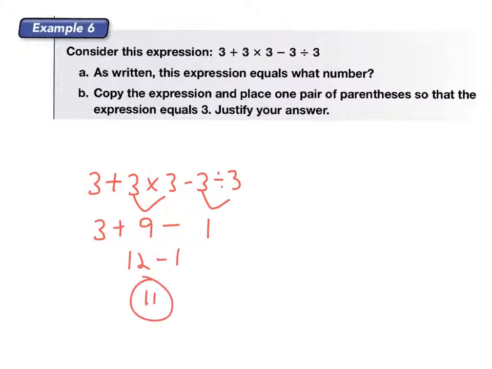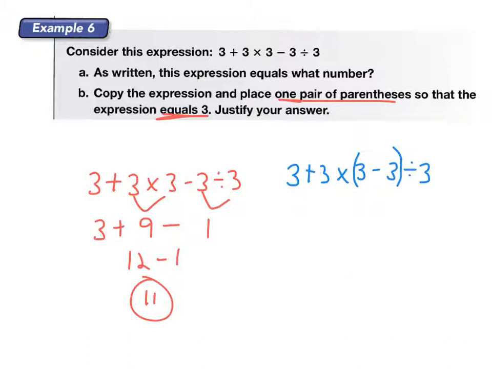It says copy the expression and place one pair of parentheses so that the expression equals 3, because right now it equals 11. Alright, so it says copy the expression, place one pair of parentheses so that the expression equals 3. And I think if I put the parentheses right here, then I might get 3. So let's try it.